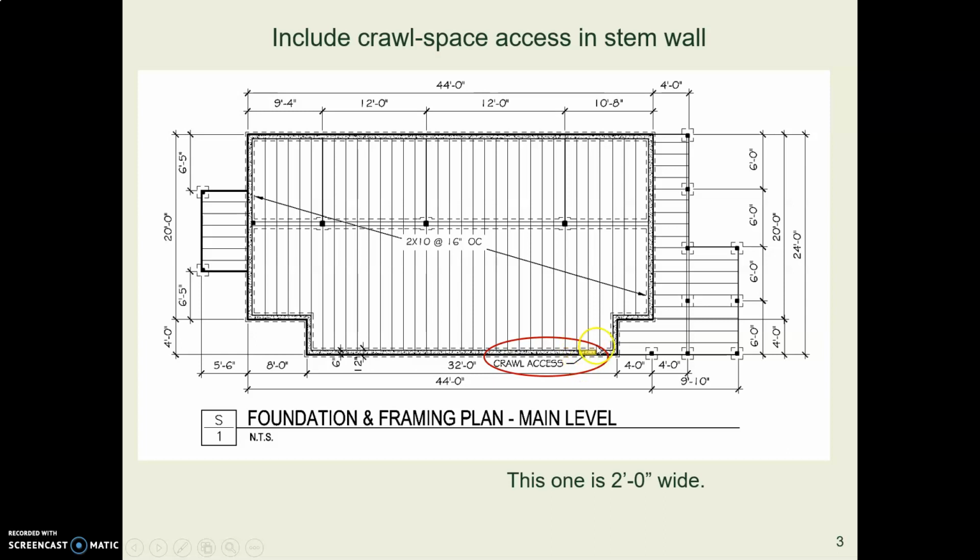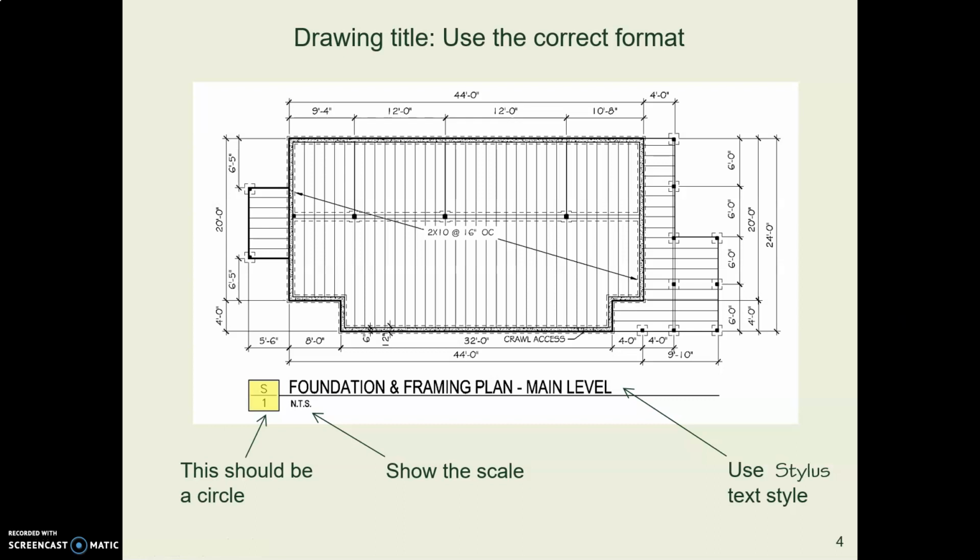You have an opening in the stem wall here on the bottom edge, the crawl space access, so add that in. They happened to make this one 2 feet wide. One thing they did that was a little bit goofy was for the title of the drawing, they should have used a circle and they used a square.